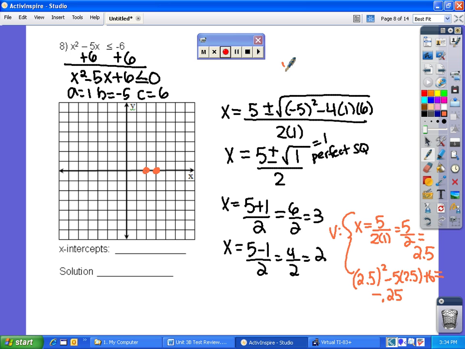So our vertex is 2.5 and negative 0.25. So we can graph that right here in the middle. Very small.